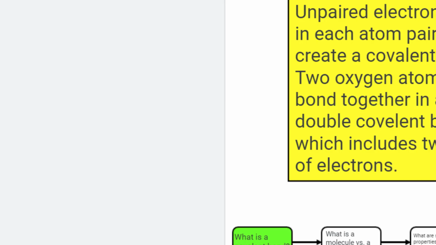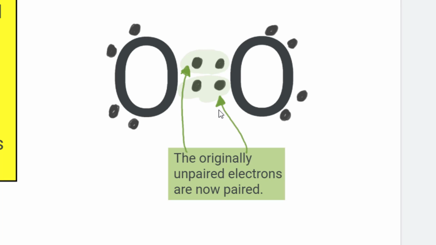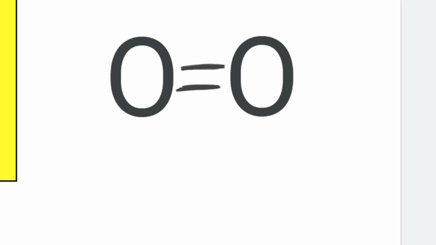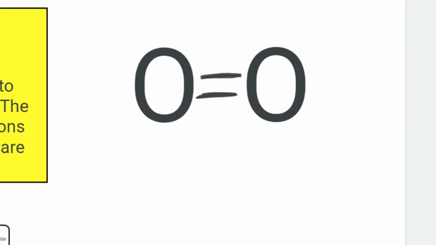Those electrons get moved to the center between them, and you will see that they are forming a covalent bond. Now, each atom of oxygen, again, has 8 valence electrons, and they are stable. Again, we can replace the pairs of bonded electrons with lines.